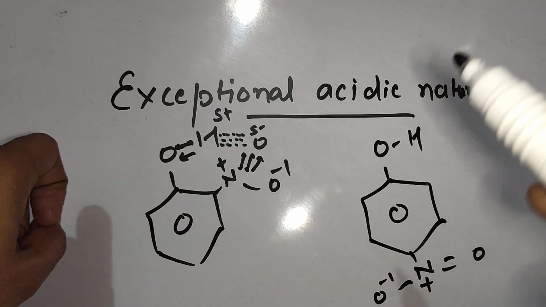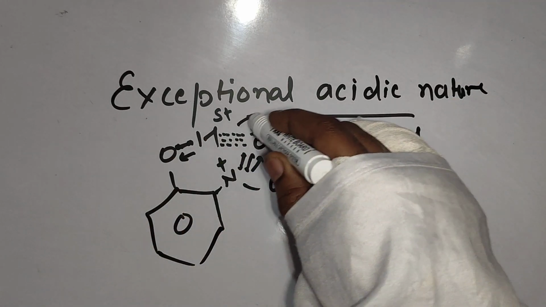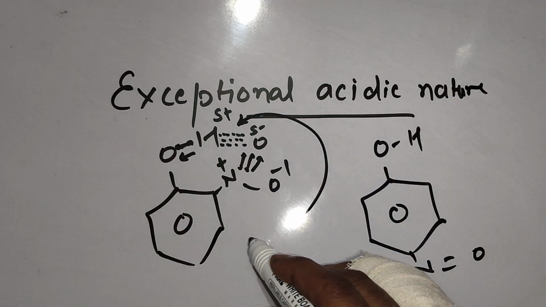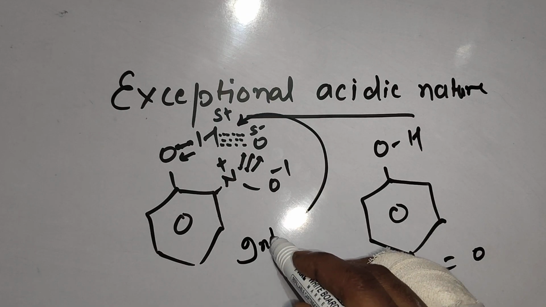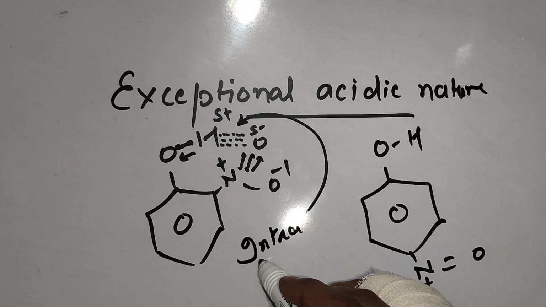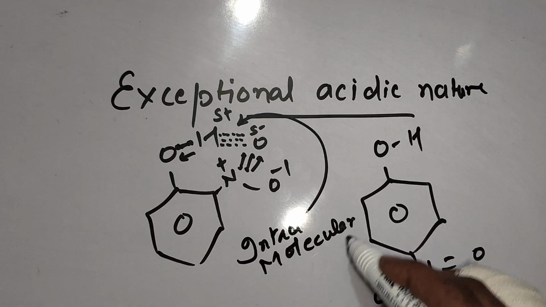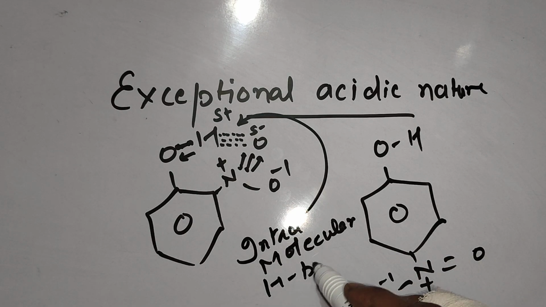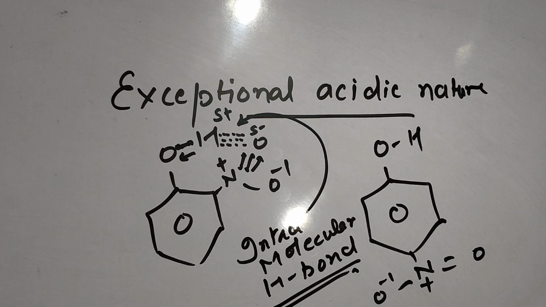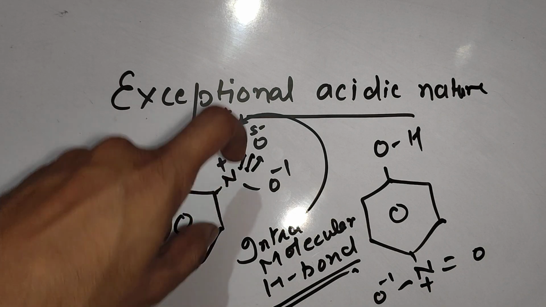This bonding which is generated between oxygen and hydrogen is known as intramolecular hydrogen bonding. Due to this intramolecular hydrogen bonding, release of H positive will become difficult.